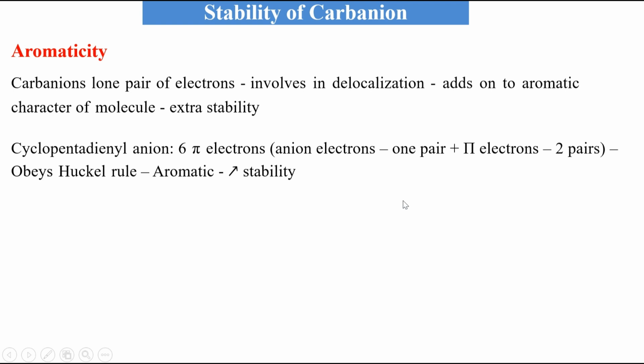There are 2 pi electrons over here and 2 pi electrons over here, making 4 pi electrons, and another carbanion, the cyclopentadienyl anion, acts as a pi electron donor and is involved in the aromatic sextet formation. Hence it becomes stable.